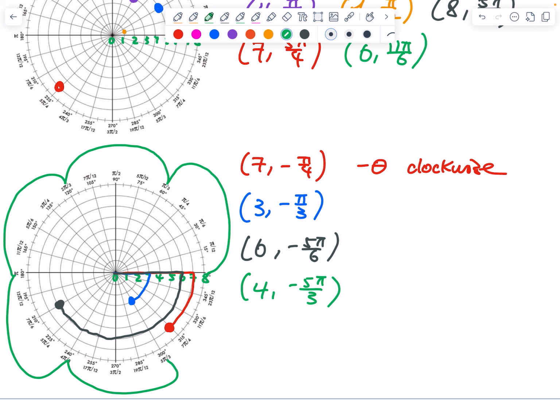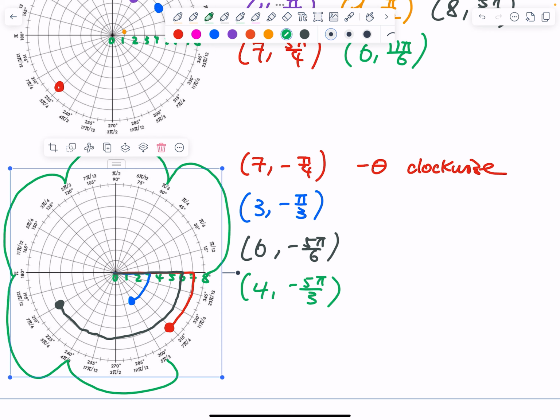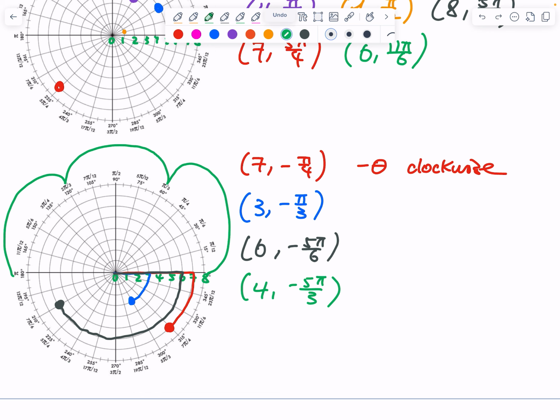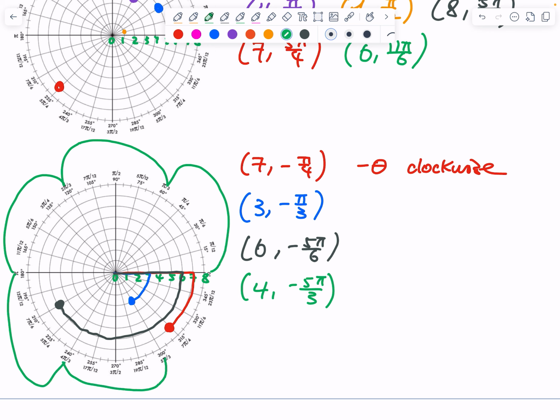So that is 1, 2, 3. 5 pi over 3. Did I count anything wrong? That is 1, 2, 3, 4. Oh, 4. And then 5. 5 pi over 3. Okay, got it.